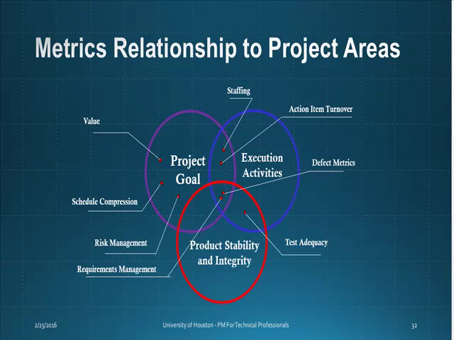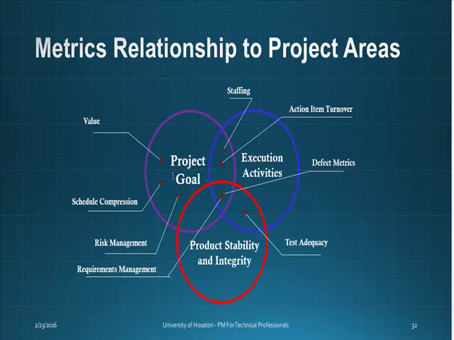How metrics relate to different project areas. If we're looking at project areas as three circles, we have the project goal, the project's actual activities in the execution phases, and the product-related areas in the third circle in this slide.